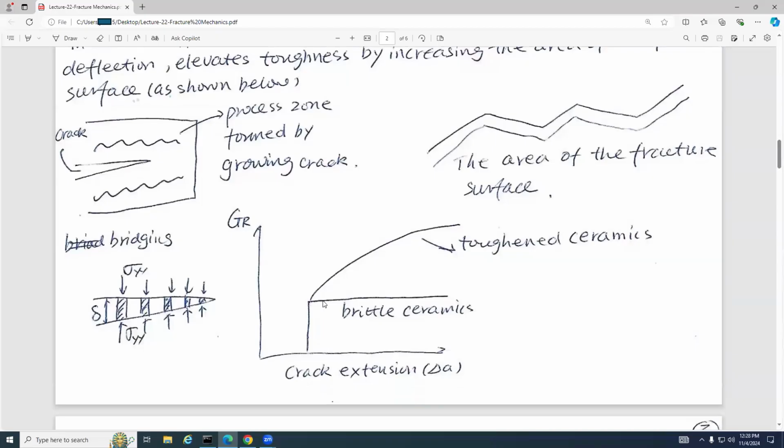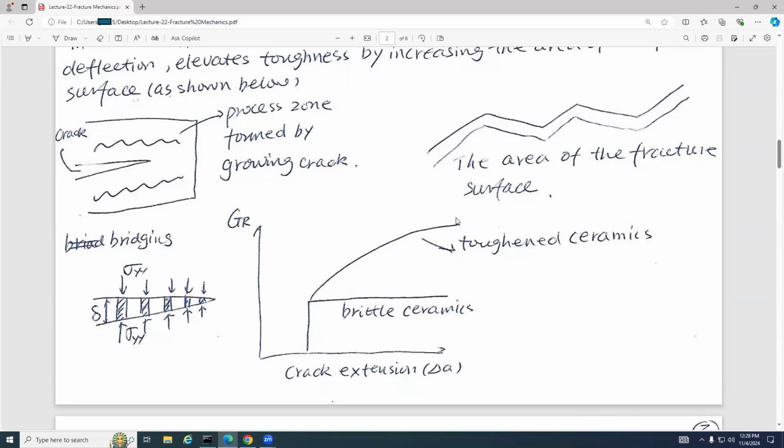Schematically, for the brittle material, usually the toughness TR is a constant. However, if we use some mechanisms to toughen this ceramic material, we can have a toughened ceramic, which exhibits a similar curve to the ductile material. Do you still remember the GR curve? Right.